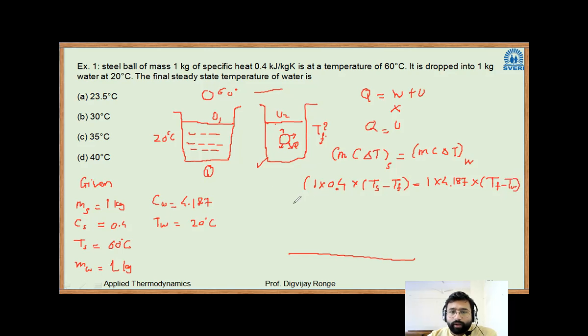So again, 1 into 0.4 into Ts, the steel ball temperature, 60 minus Tf, is equal to 1 into 4.187 into, in bracket, Tf, which is unknown, minus the initial temperature of water, 20 degrees Celsius.